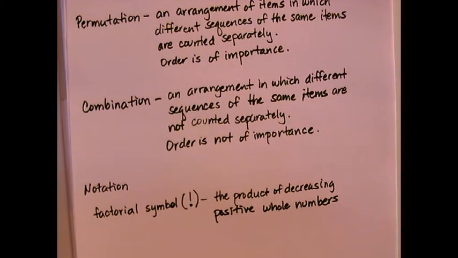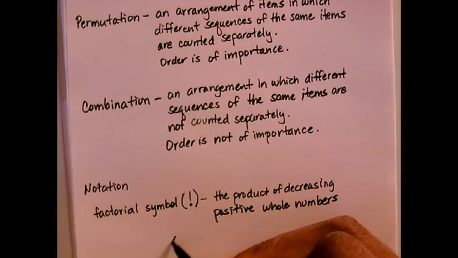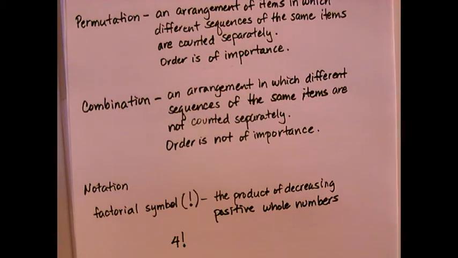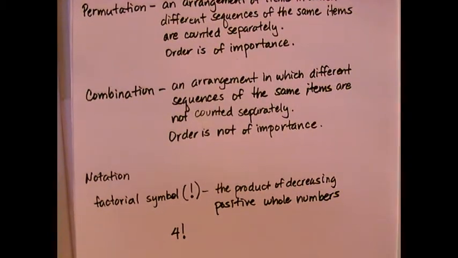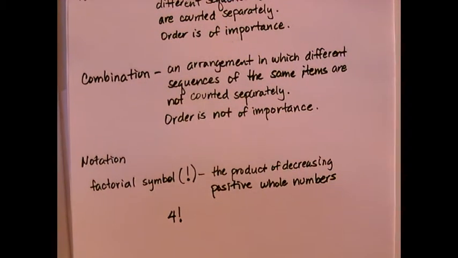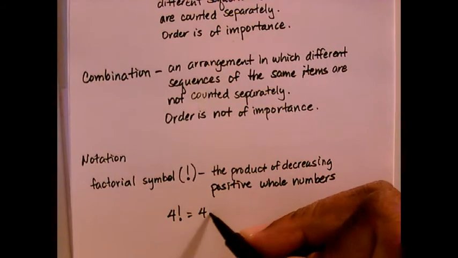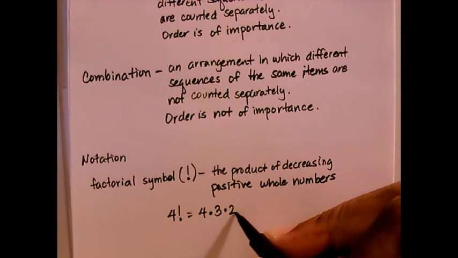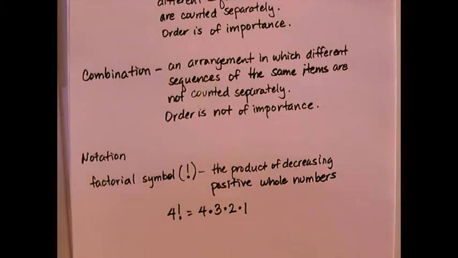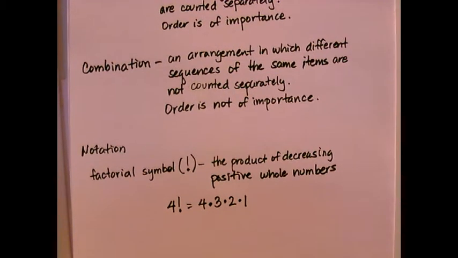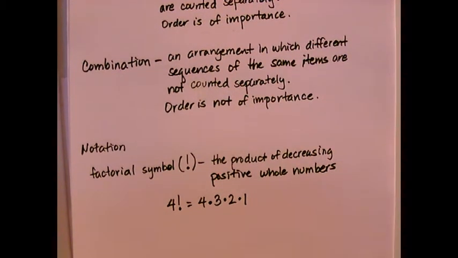Okay. For example, if I have 4 with the exclamation mark, that represents 4 factorial. And that represents the product of decreasing positive whole numbers. In other words, 4 factorial means this: 4 times 3 times 2 times 1. It starts with a 4 and then it decreases by 1 each time as a product.